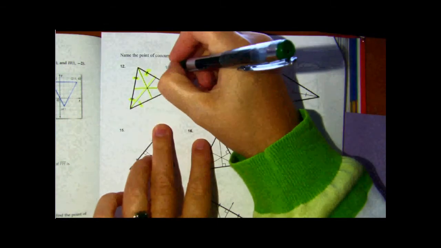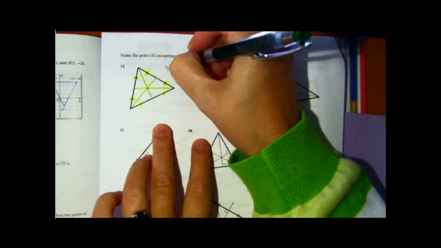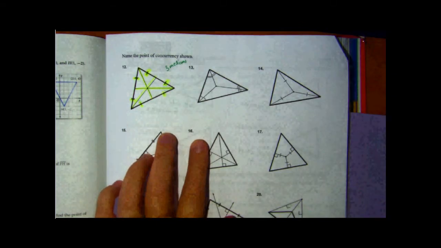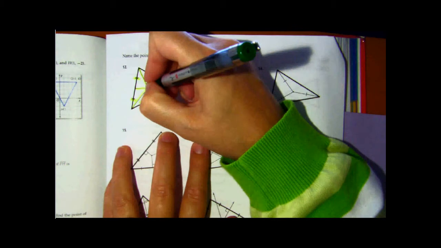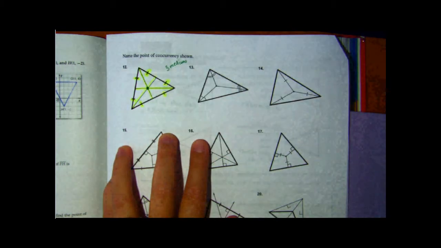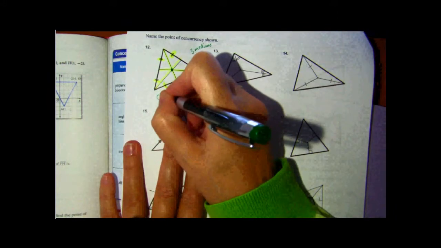That means I have 3 medians. What is my point of concurrency where my 3 medians intersect? Medians intersect at the centroid. So this is a centroid.